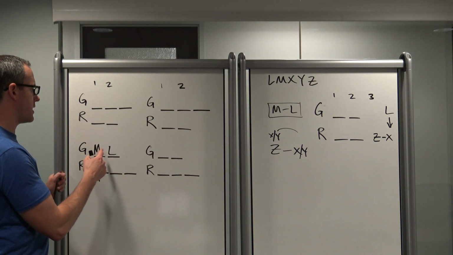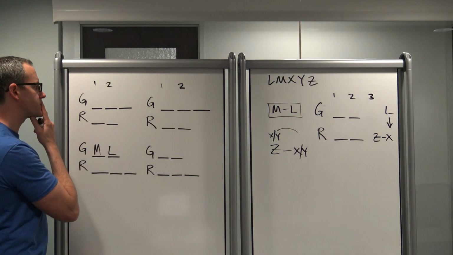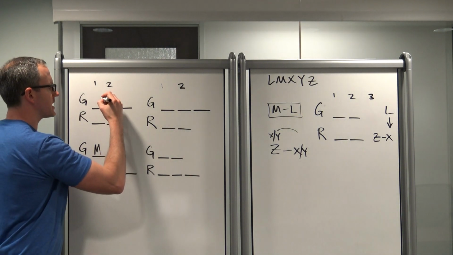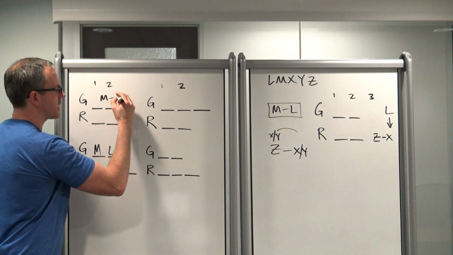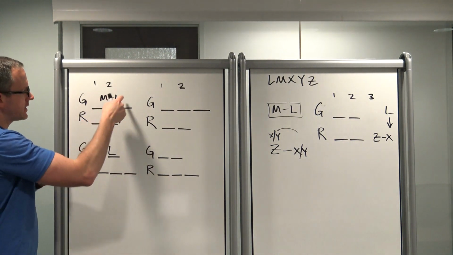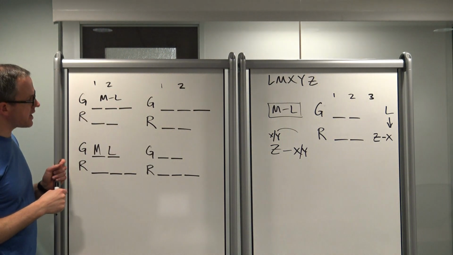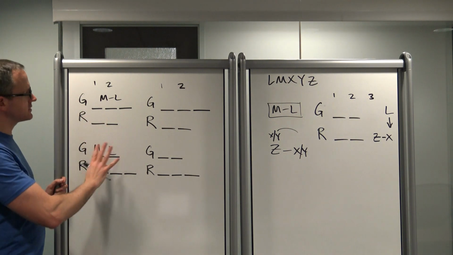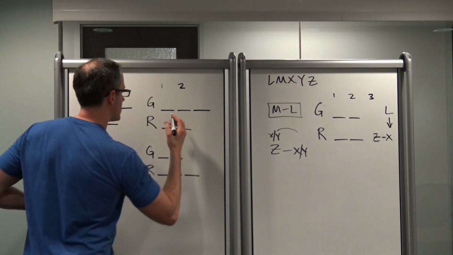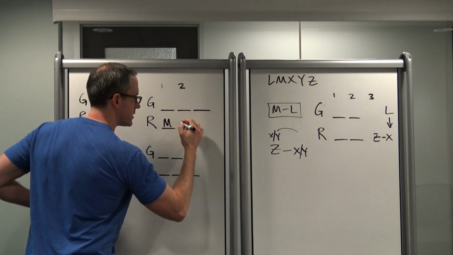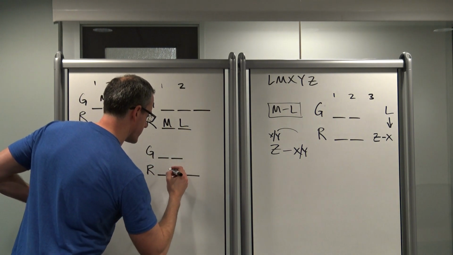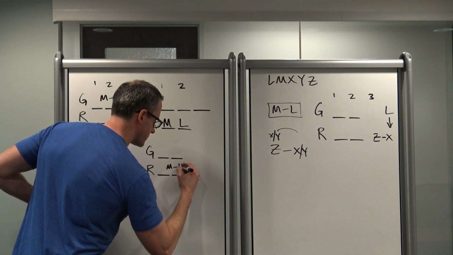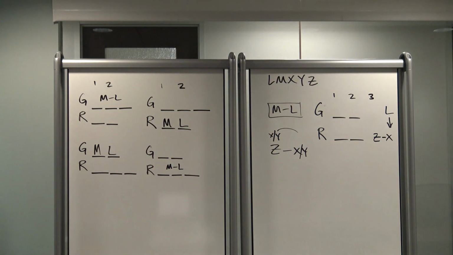And ML top up here, I don't know exactly where it goes, so I'll just have it floating up here. But what happens when ML is on top? Actually, let's not talk about that for a second. So then over here, we have ML on the bottom and ML on the bottom. Are you guys cool with this?